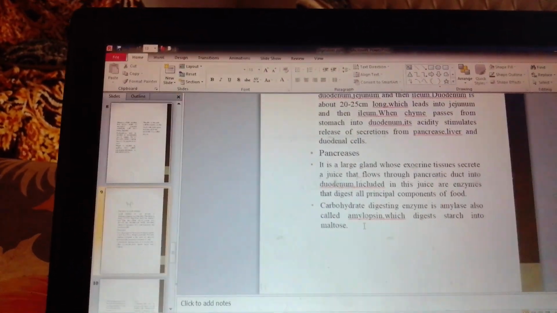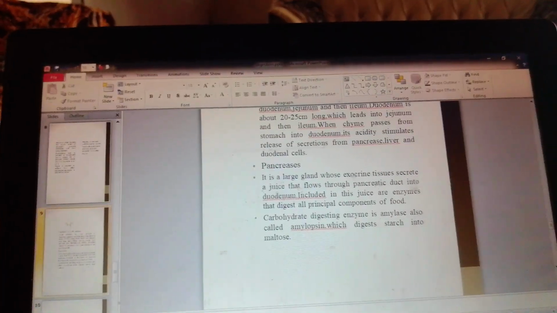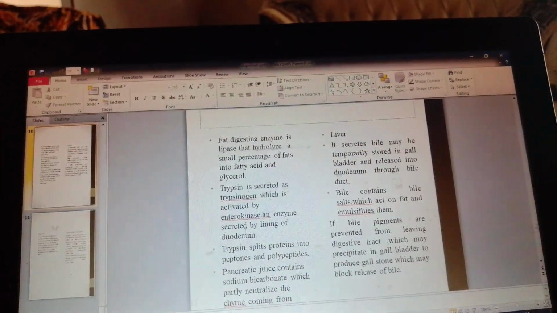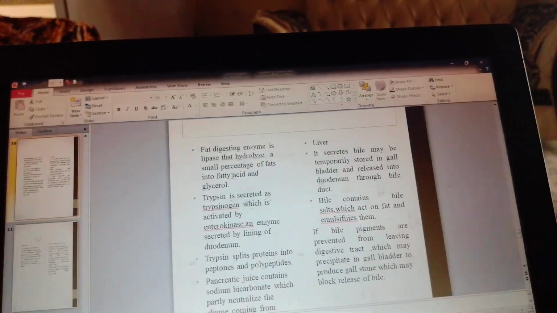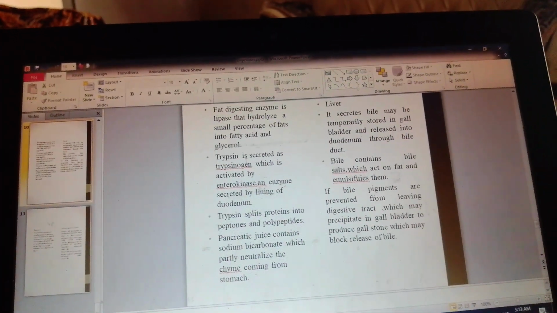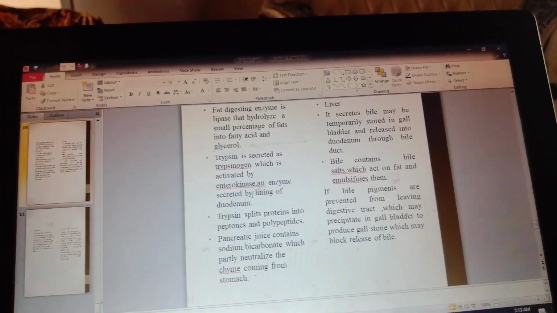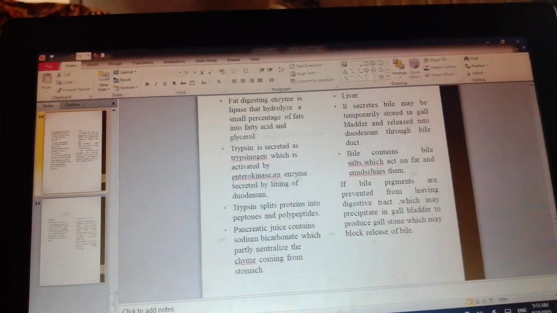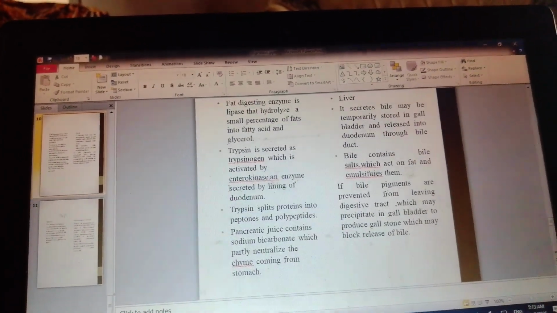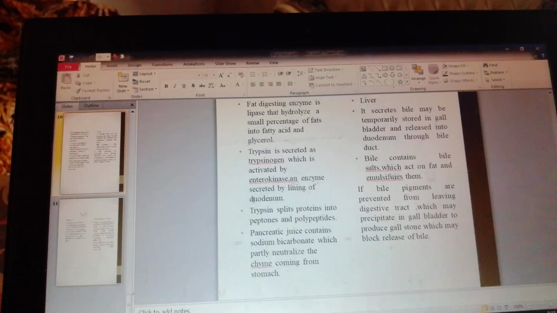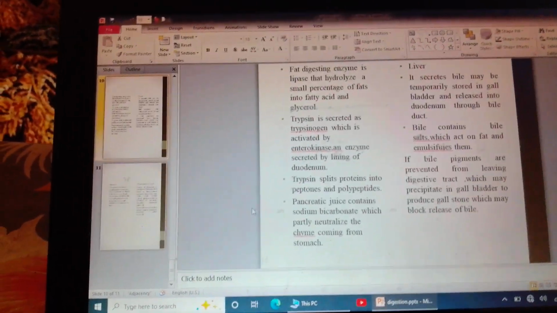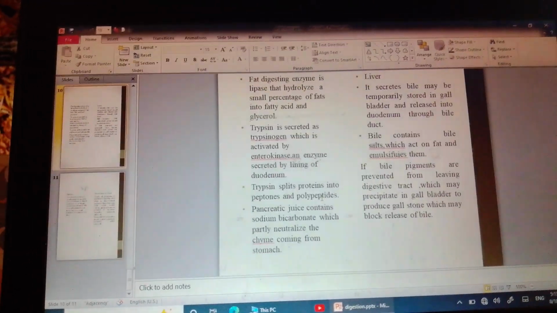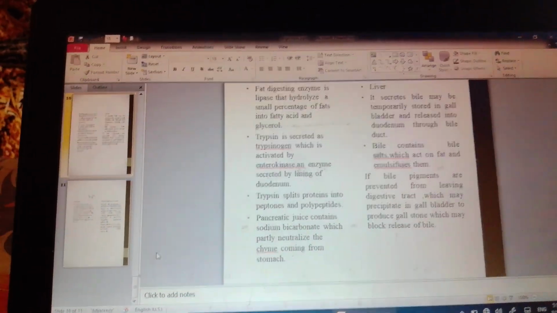Here are also enzymes: the carbohydrate digesting enzyme is amylase, the fat digesting enzyme is lipase, and trypsin is secreted in the form of trypsinogen, which when it enters into the duodenum is converted into trypsin. Trypsin converts protein into peptones and polypeptides.